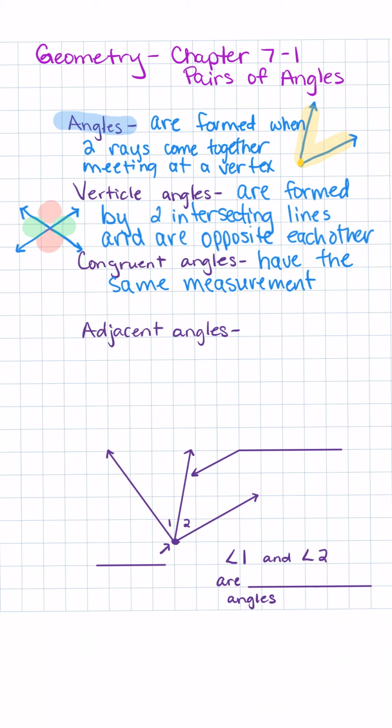So if you look at this, and we number these 1, 2, 3, 4, we can see that angle 1, that's how you write it, and angle 3 are vertical angles.